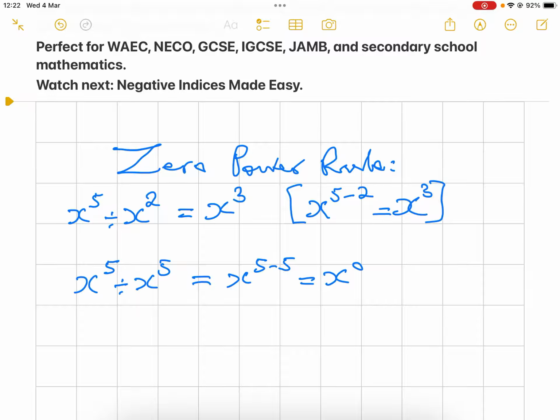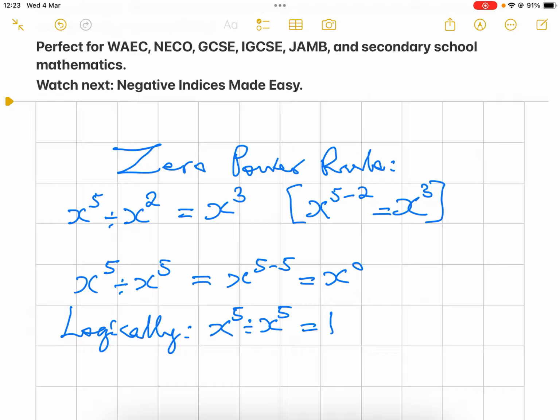But logically, we know that x raised to power 5 divided by x raised to power 5 is equal to 1, because any number divided by itself equals 1.